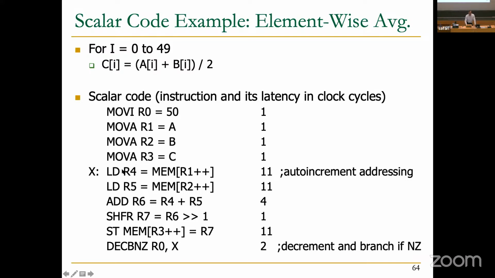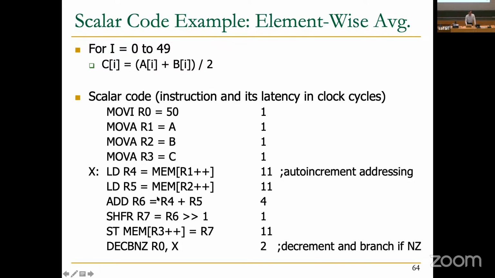That way you load the 0th element from vector A, and the 0th element from vector B. Each of these takes 11 cycles, as you can see. And then you add them up, so there's a dependence between these two, and put the results into R6. This is scalar code. There's no vector code.